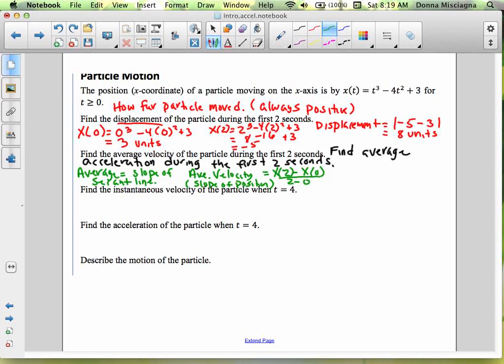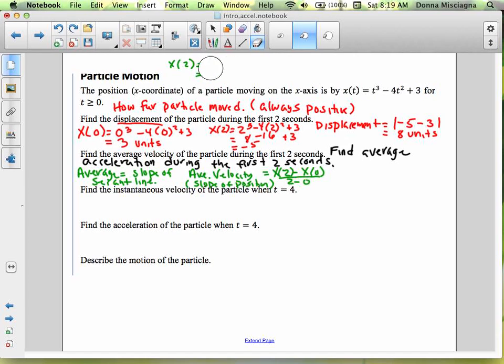We already know x of 0 is 3 units. We'll need to find x of 2. And since there's not a lot of space, how about we use the space up here for some calculating. So x of 2 is 2 cubed minus 4 times 2 squared plus 3. Oh wait, I'm sorry, we already found that.